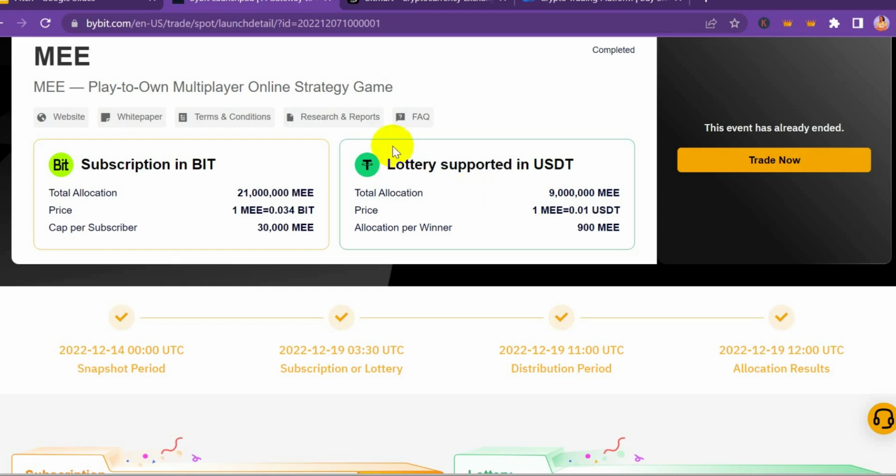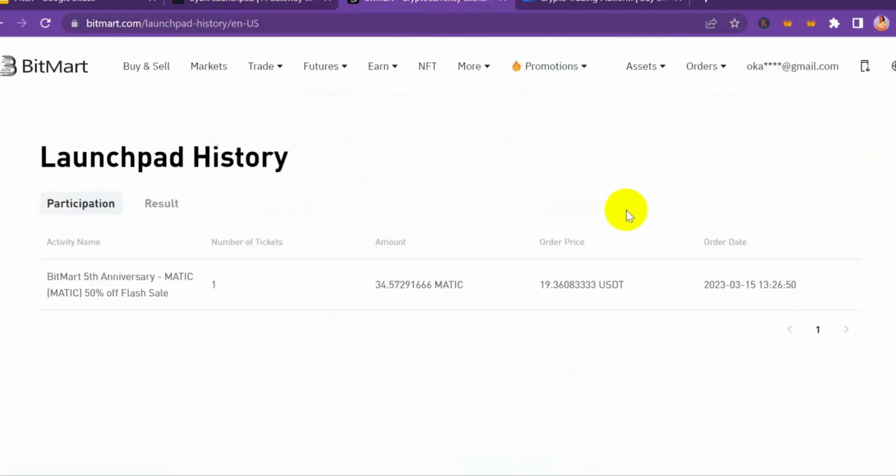The first one is Bybit and the second one is Bitmart. You can see I participated in one, and that is a 50% off flash sale. You can see yesterday Bitmart did their 5 years anniversary, and they used Matic to do a giveaway for their audience. And you can see here they said 50% flash off.